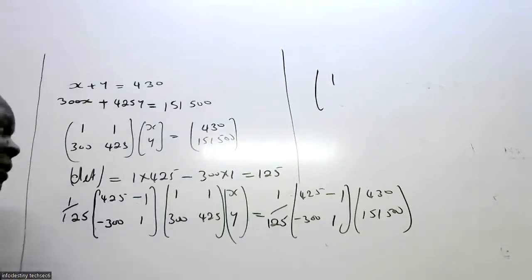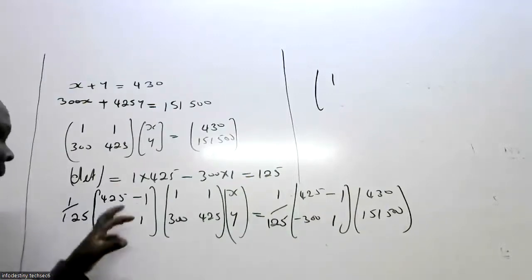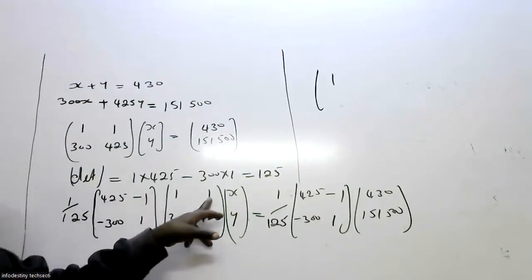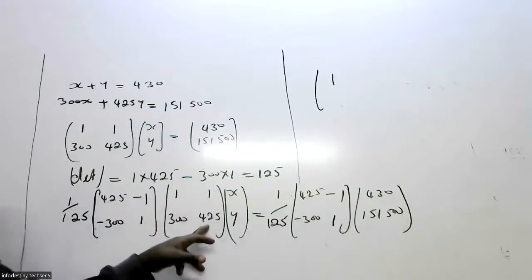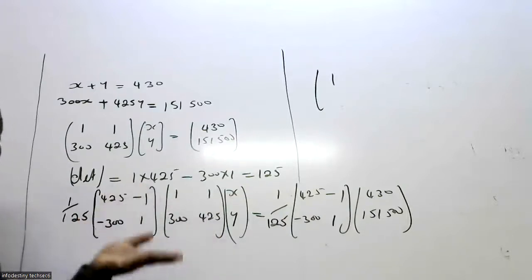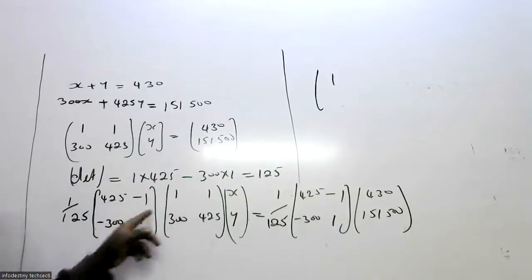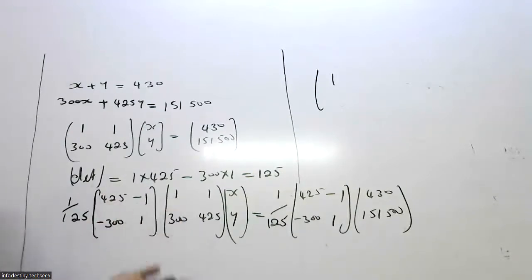Because this one I just multiply for you to confirm if it's true. Because when you come to this one, this is 425 times this one, plus negative this times this. That's 425, so that is 0. When you come to this one, this is negative 300 times this plus 1 times this, that is 0. So everything is going to be that.